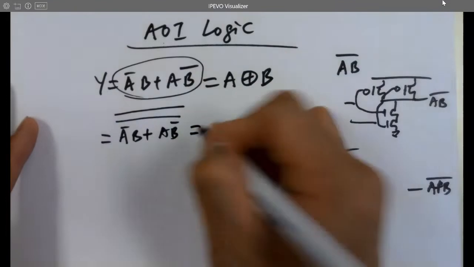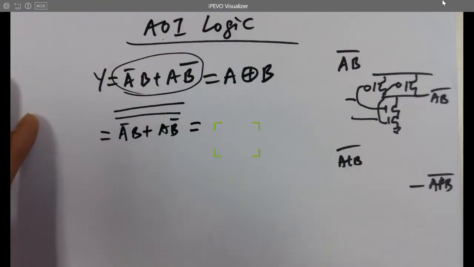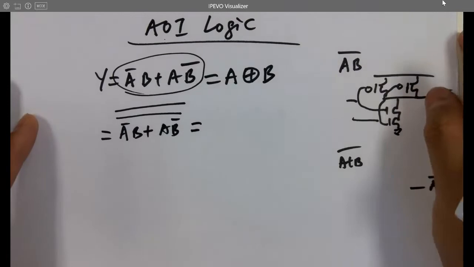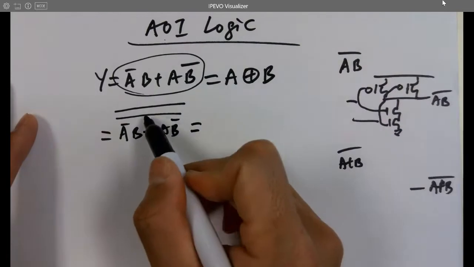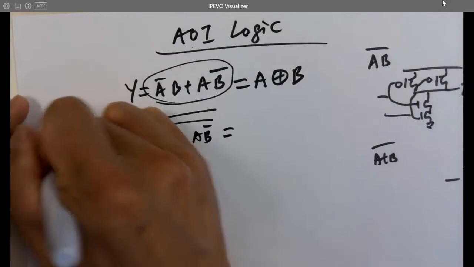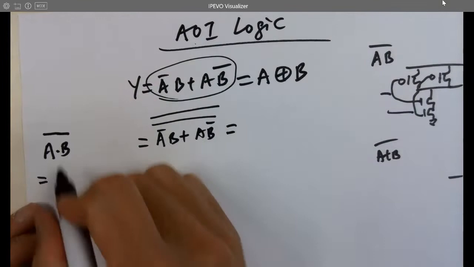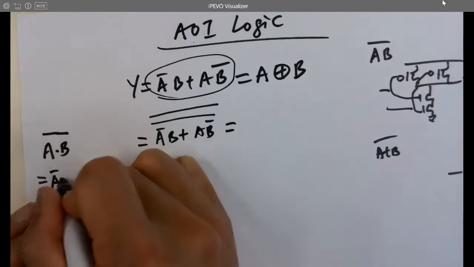And then use De Morgan's law. Remember what De Morgan's law is? You can split the bar and change the sign. So A and B, not, equals split the bar, change the sign: A not or B not.